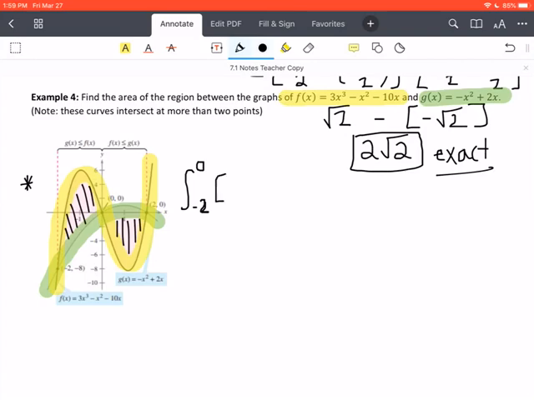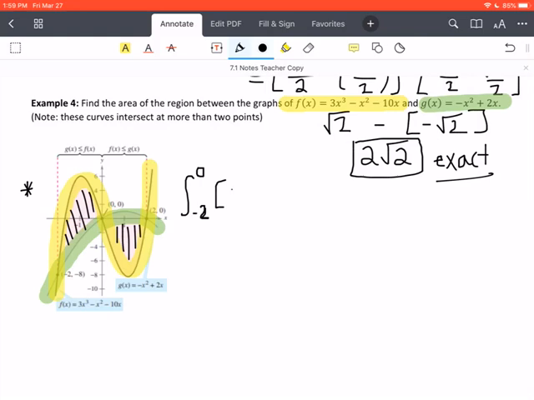So we have 3x cubed, for some reason I can't make 3's right now, 3x cubed minus x squared minus 10x. And then we have to subtract the green function, which is -x squared plus 2x dx.